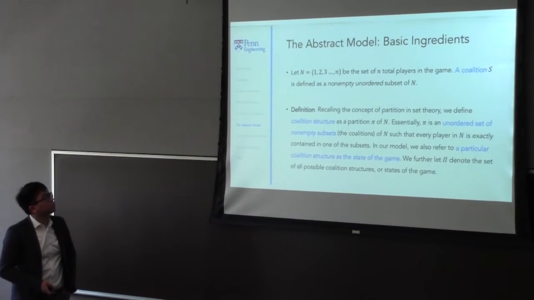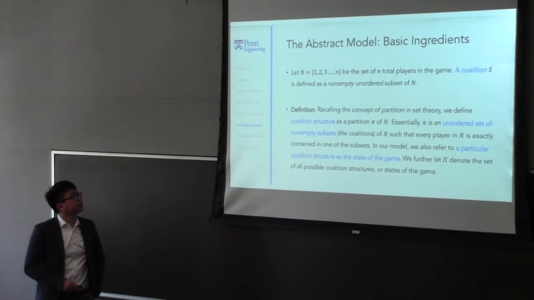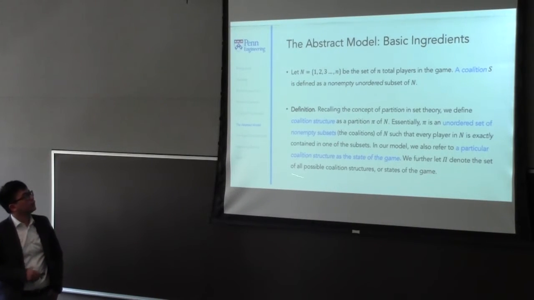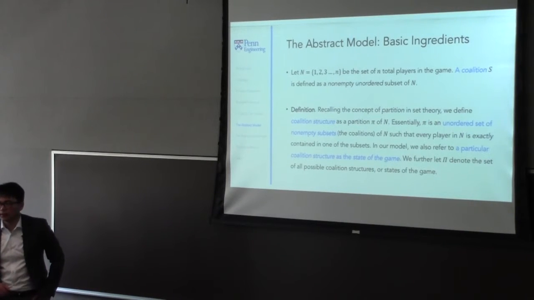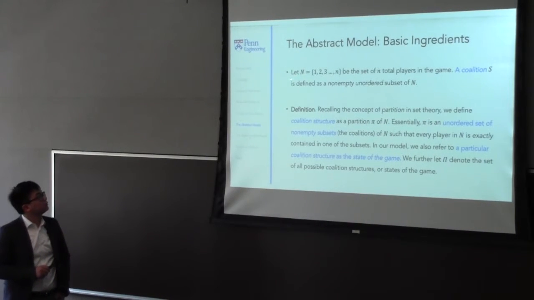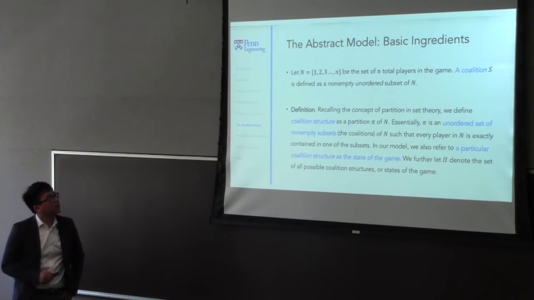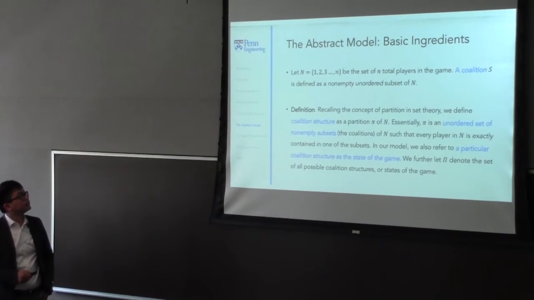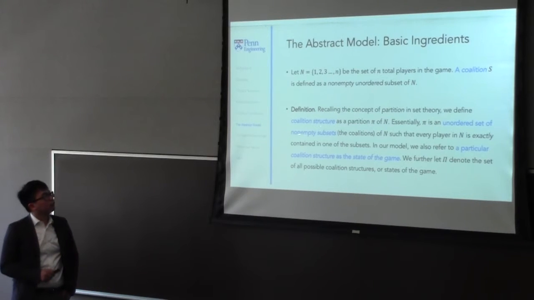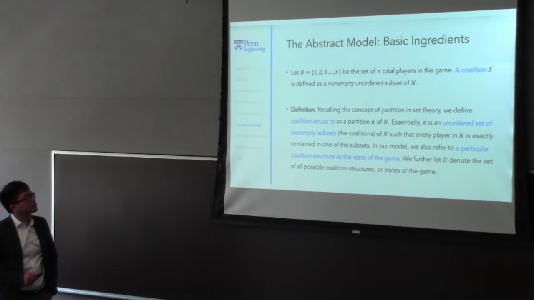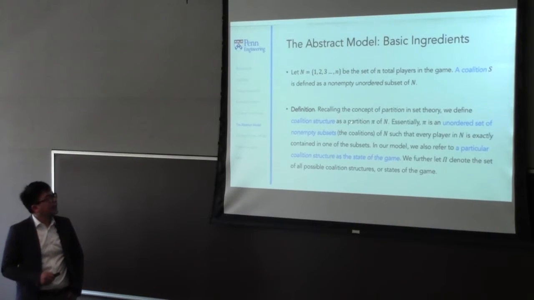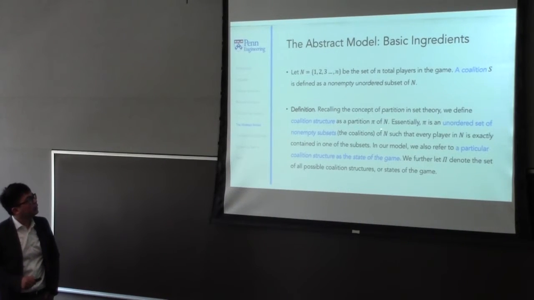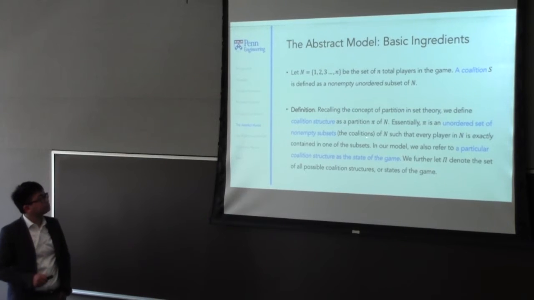So we look at the abstract model itself. There are a few basic ingredients. It's pretty similar, I would say maybe 30% of the basic ingredients are borrowed from the non-cooperative games. You have a set N of players in a game, and a coalition defined as a non-empty, unordered subset of N. Then if we recall the concept of partitioning in set theory, we define the coalition structure as a partition pi of the N players.